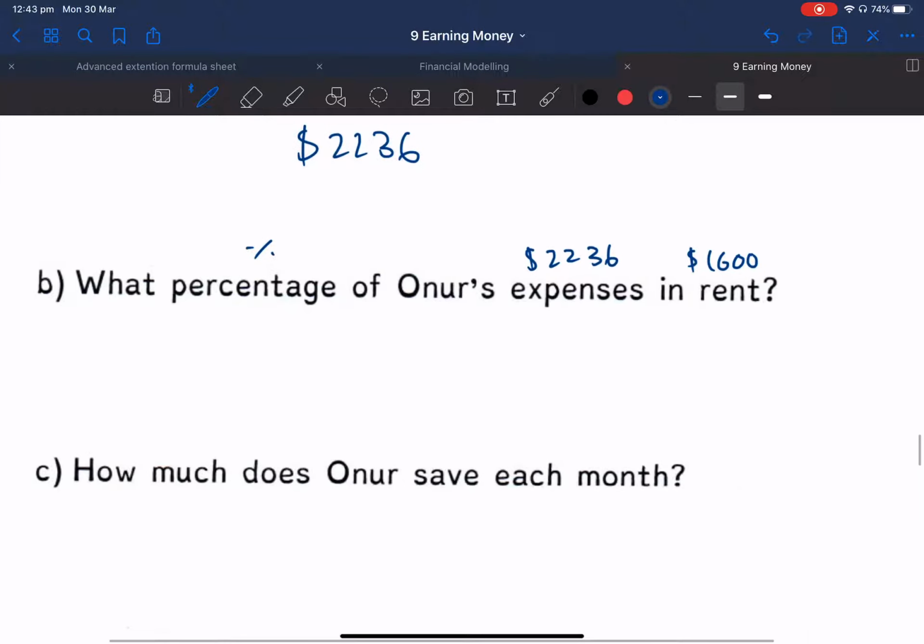So when we figure out percentages, we're always going to do how much is this out of the total, and then we'll worry about a percentage in a minute. Okay, so if I say, well, 1,600 is rent out of $2,236, and I'll pop that into my calculator.